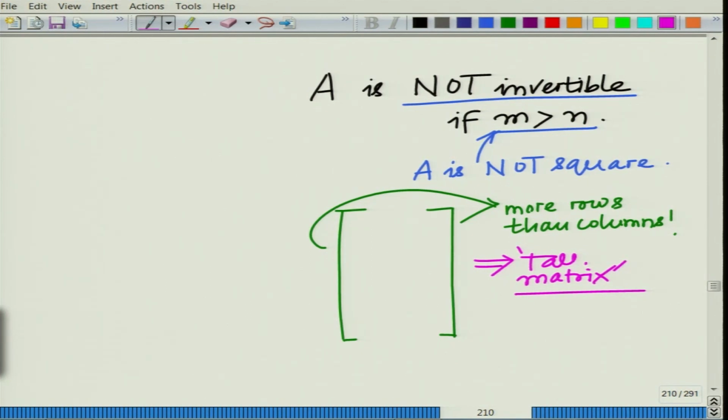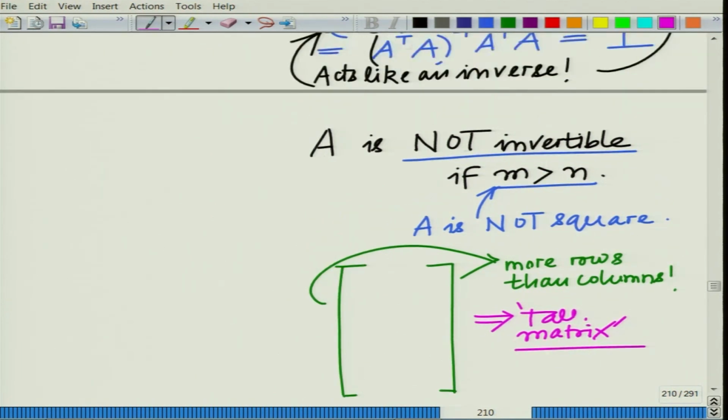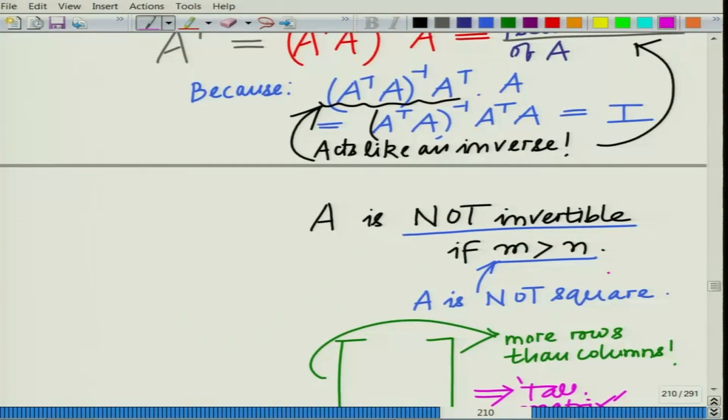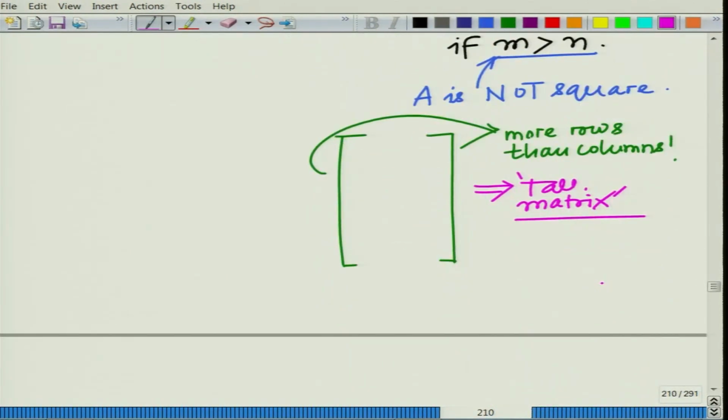This is not something that you use in a formal paper, but it is termed a tall matrix. And also, because it only gives the identity when it is multiplied on the left, you note that A transpose A inverse A transpose into A is identity.